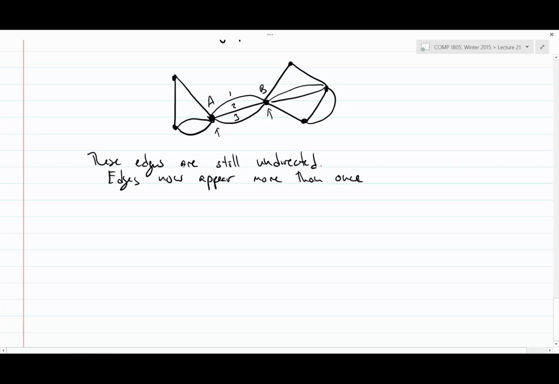So edges now appear more than once, so we need some way of representing that. The number of times that they appear is the multiplicity of the edge.